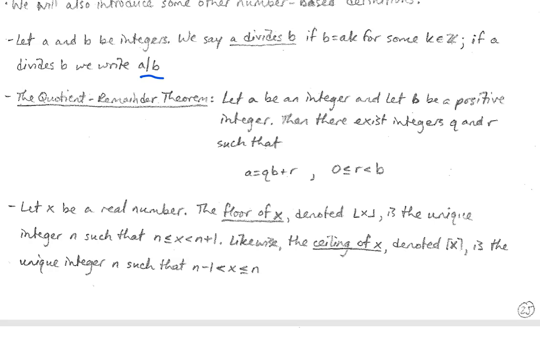The ceiling of x is the least unique integer n that is greater than or equal to x. So now, back to my sample here. If I have x as 3.5, what is the least integer that is greater than or equal to 3.5? Well, that's 4.